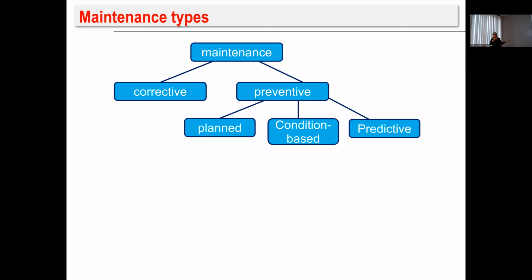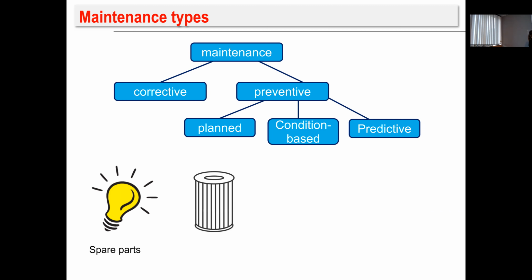But let's contrast predictive maintenance to more regular maintenance types. There are a couple of types. You have corrective maintenance, also called run to failure. That is what you do, for instance, with your light bulbs at home. You just wait until your light bulbs fail and then you replace them. And then, of course, the question is how many spare parts do you need in stock in order to replace broken light bulbs?